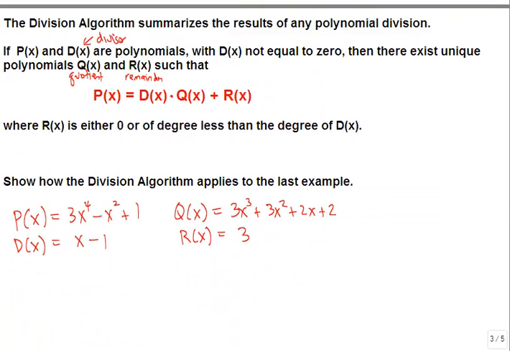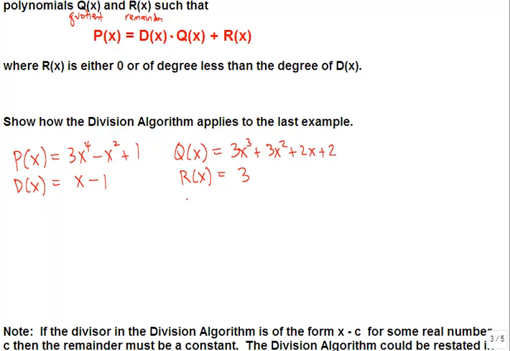Okay? So if we label all of our pieces in this way, let's show that this statement right here, that p of x equals d of x times q of x plus r of x, is really true. And maybe you'll understand once we do this how all the pieces fit together.